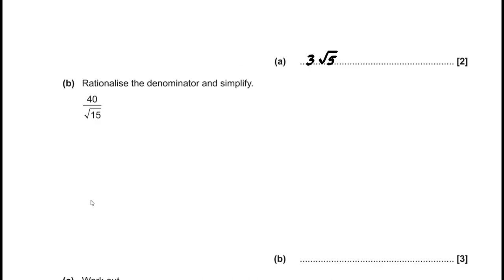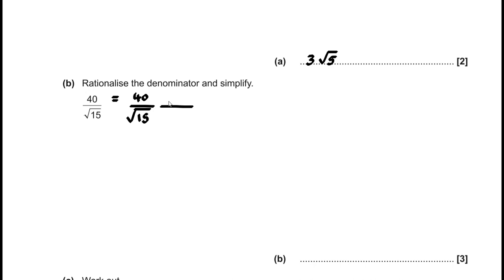For part B, we have to rationalize the denominator and simplify 40 over root 15. So if we work this out, I've got 40 over root 15, but what I need to do then is multiply the top and bottom by 1.